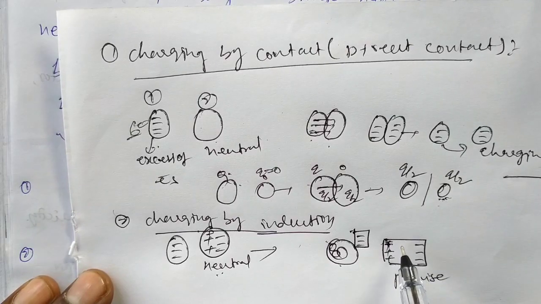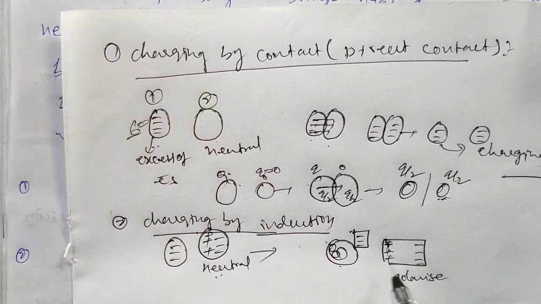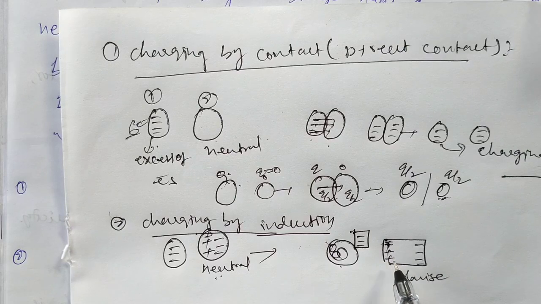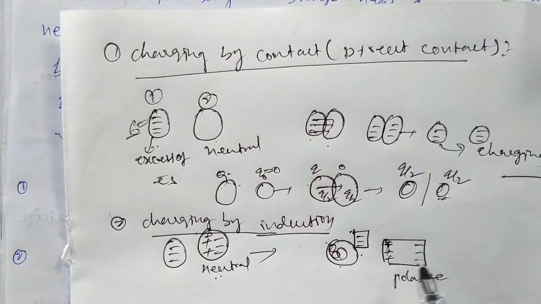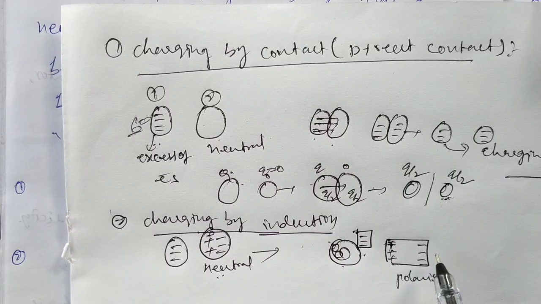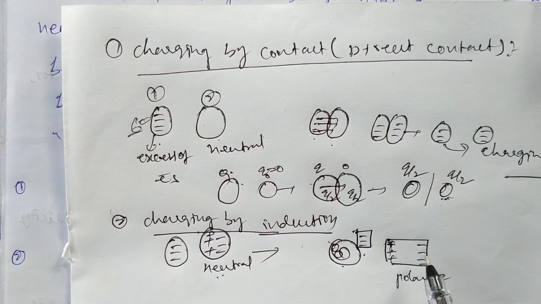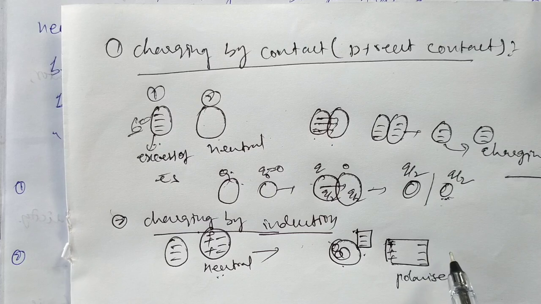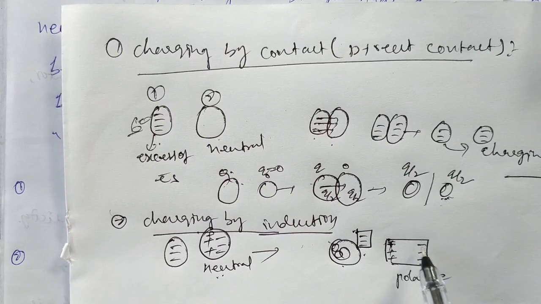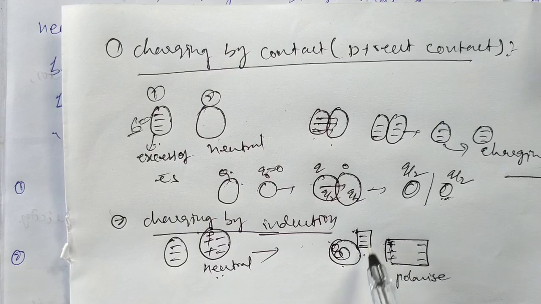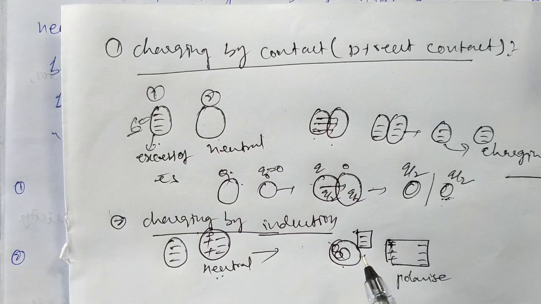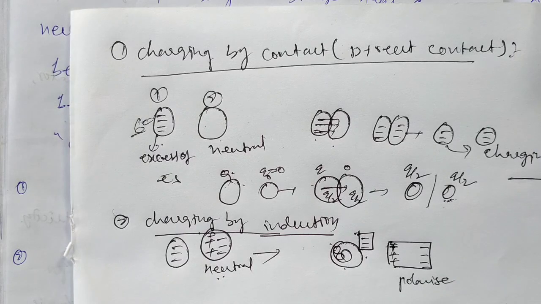Polarized means it separates the charge carriers. The positive charge carriers move towards the negative charge, and the remaining charge carriers go to the other side. That is separation of charge carriers when using a conductor, a negatively or positively charged plate.